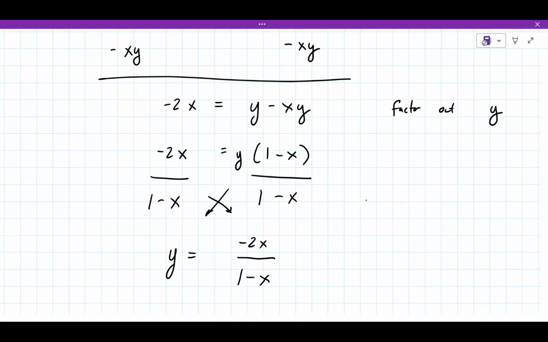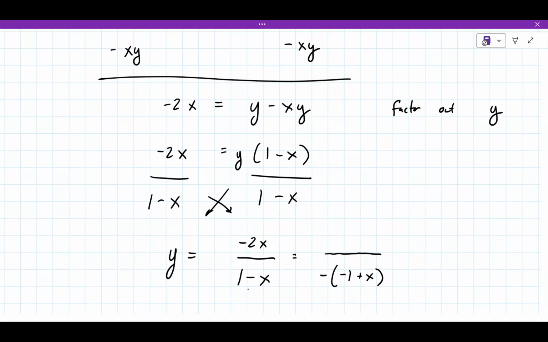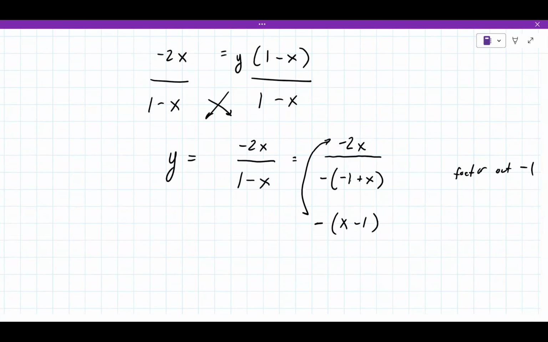Is that okay so far? Yeah. Okay. Now this is a more advanced approach. Sometimes they take a negative out of the bottom. So the way that works is it's really negative 1 plus x. Imagine factoring out a negative 1. This looks a little bit weird, so if you reorder it, x minus 1, with that negative there, these two negatives cancel.